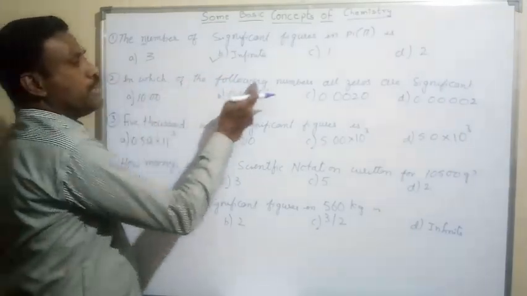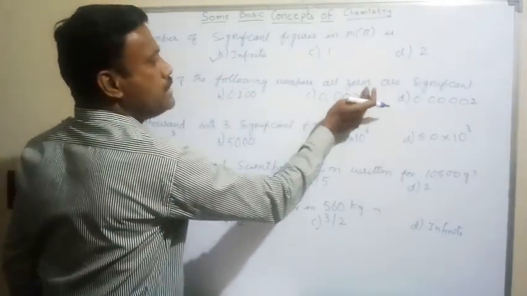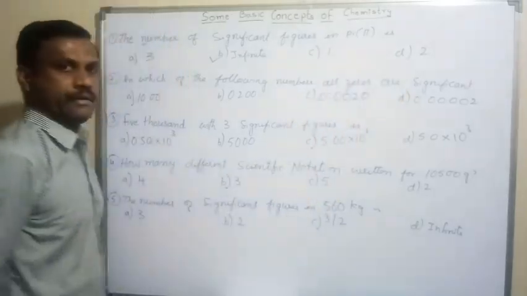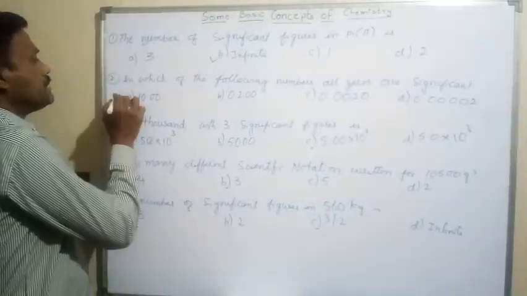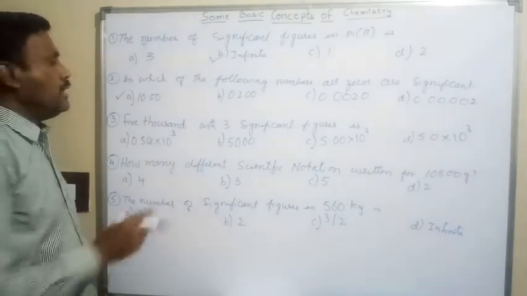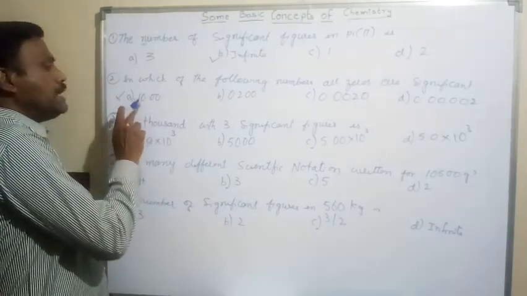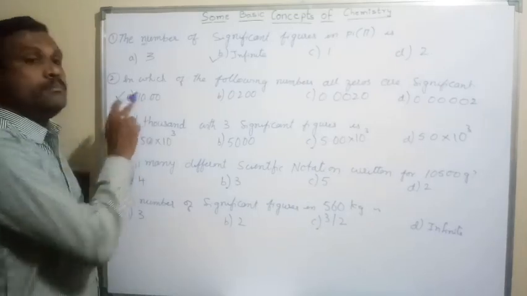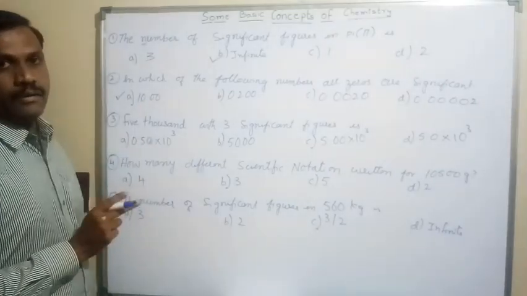In which of the following numbers are all zeros significant? It is option A, because zeros at the end of a number with a decimal are significant.